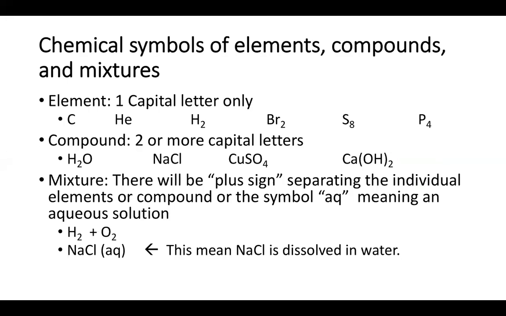If you see CuSO4, Cu is one element, S is one element, O is another element. In this case, they're all attached together. There is no space or plus sign between them. That means they are chemically bonded together. On the other hand, mixtures will have a plus sign separating them, or they might have aq, meaning that they are dissolved in water. So these are all mixtures.